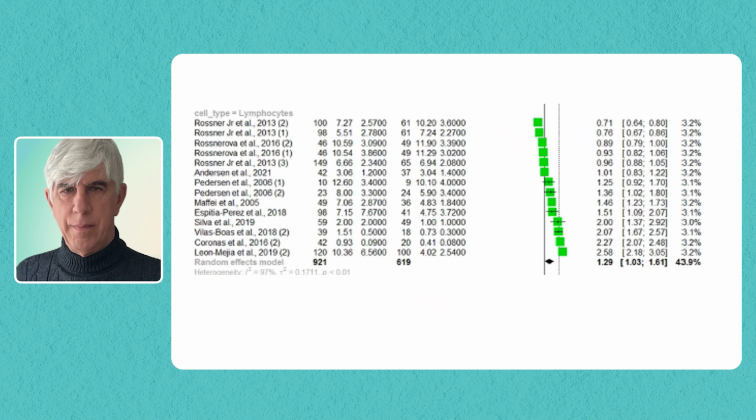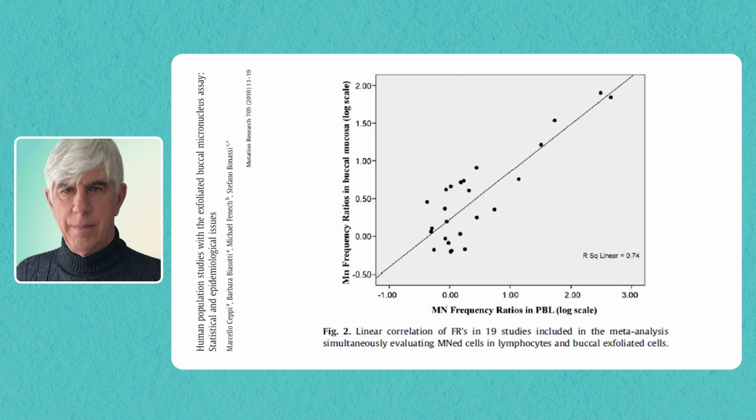That means that lymphocytes probably are not the best tissue to investigate in an exposure that you can inhale, and for respiratory issues, it is much better in this case to investigate exfoliated buccal cells.